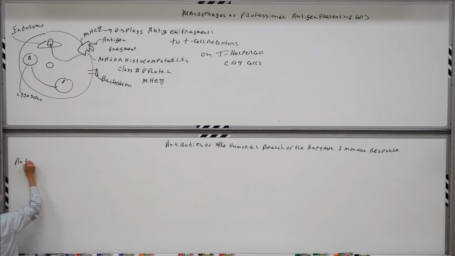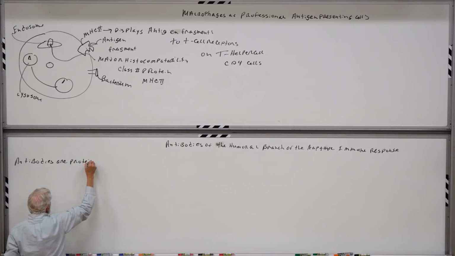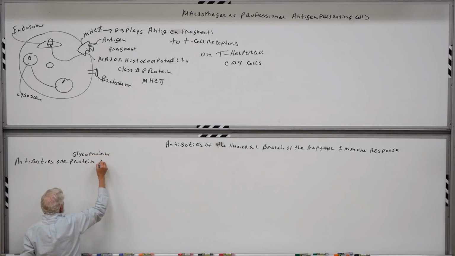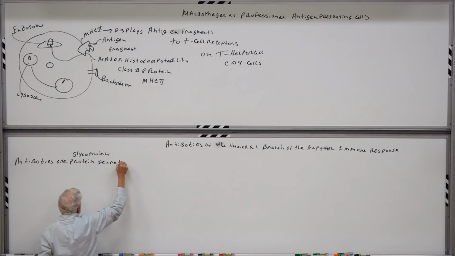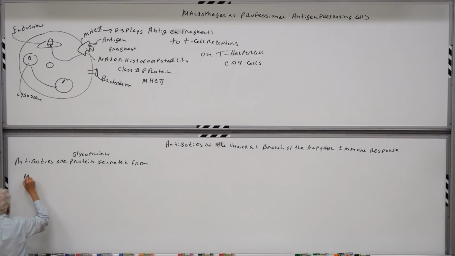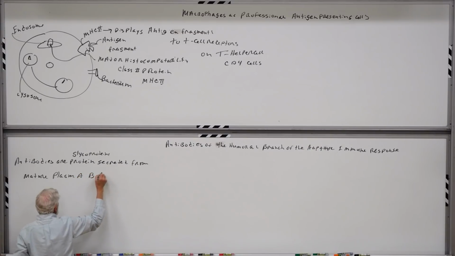Antibodies are proteins. You can read glycoproteins secreted from mature plasma B lymphocytes.